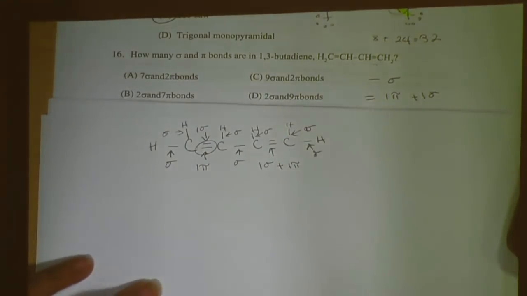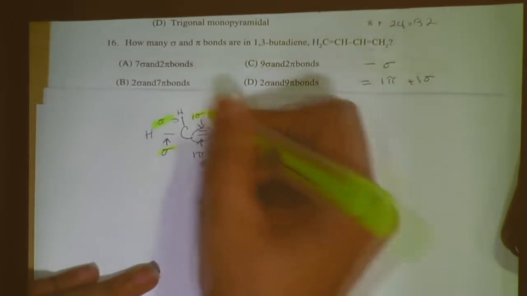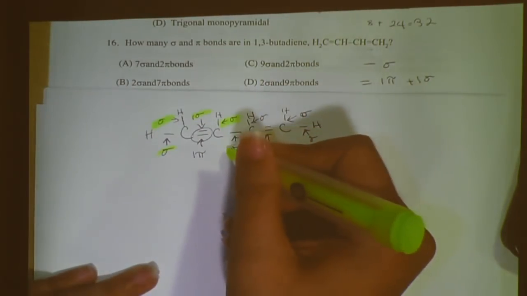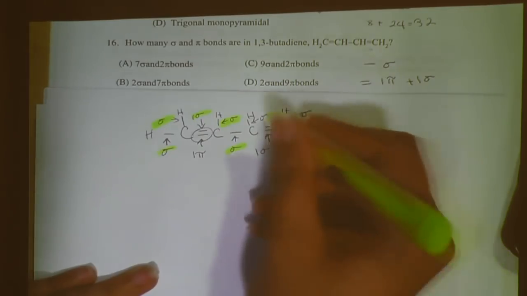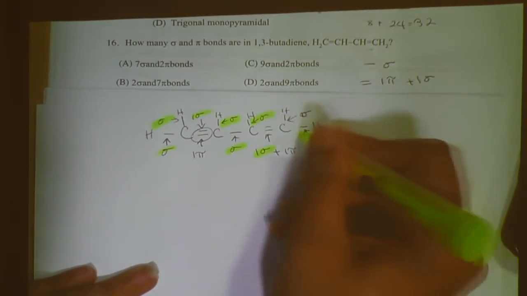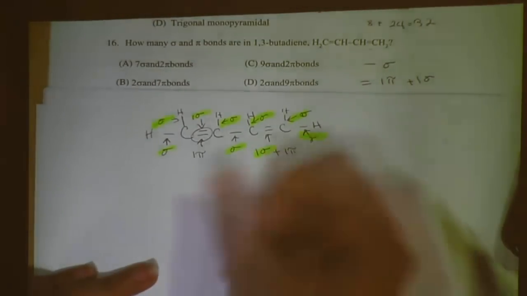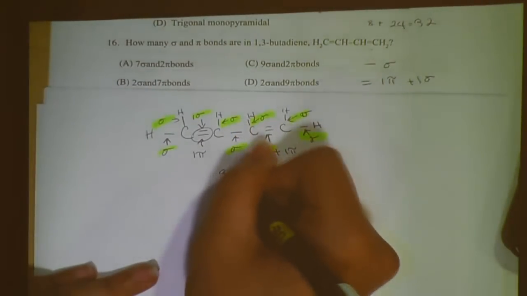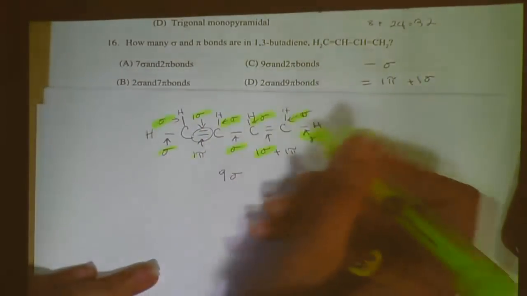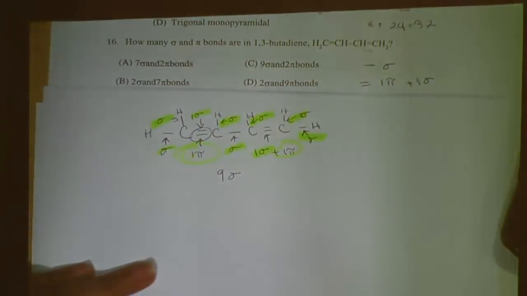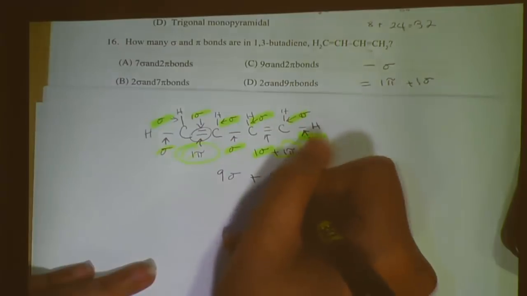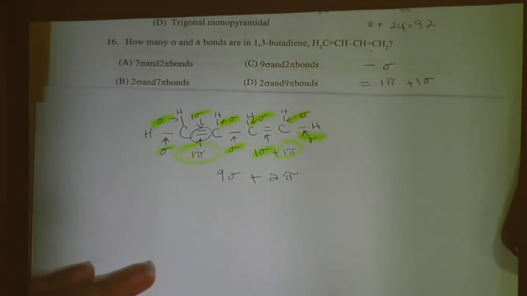How many sigmas do I have? 1, 2, 3, 4, 5, 6, 7, 8, 9. So 9 sigma. And I have 2 double bonds, so I have 2 pi's. So the answer is C.